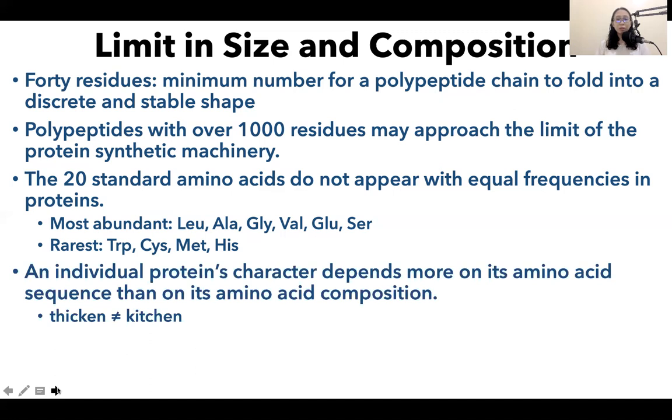Now, take note, the character of a protein depends more on its amino acid sequence than on its amino acid composition. So all these comments about the limit in the size and composition of your proteins are just observations from their amino acid sequences.